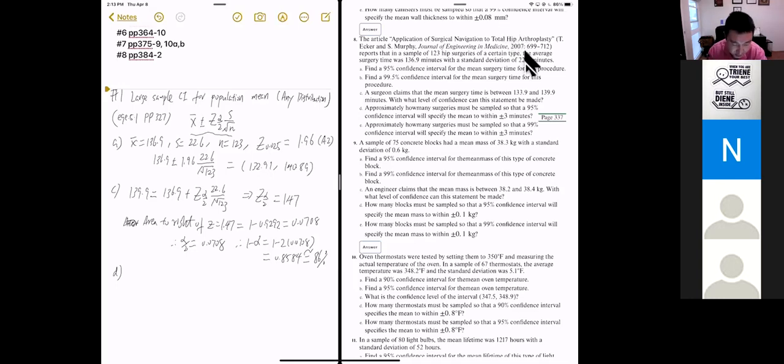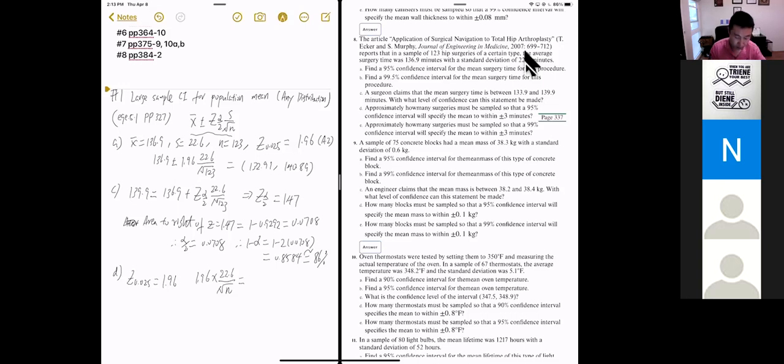Again, same equation. The half alpha right now will be 0.025, and from table 8.2 we know that already. That's 1.96. So 1.96 times S, the standard deviation, which doesn't change, 22.6, over square root of n, the sample size.